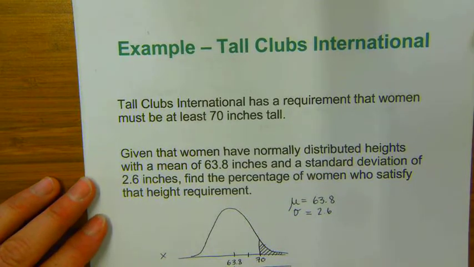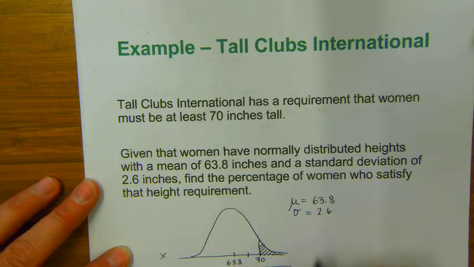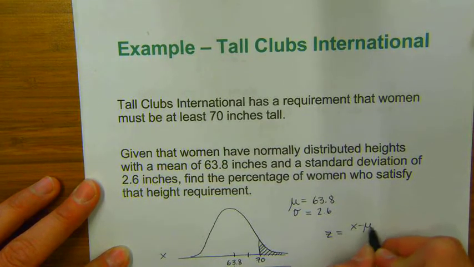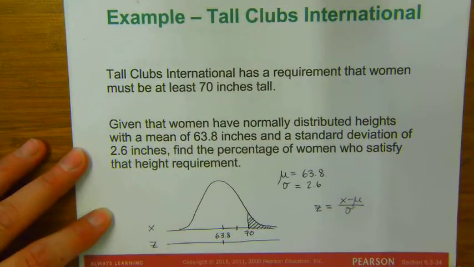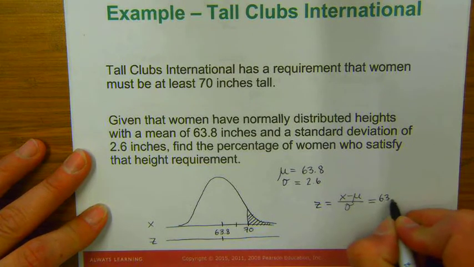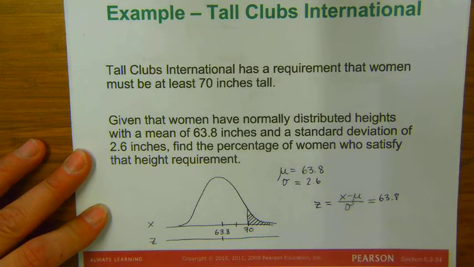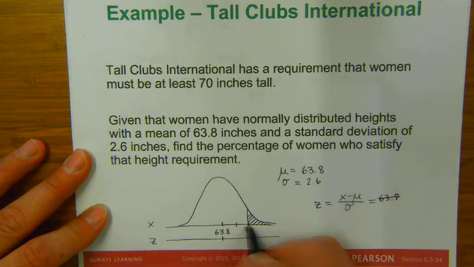So let's convert our value. We're going to use the conversion formula, so z is equal to x minus mu divided by sigma. We're going to plug in our x value. Sorry, x is our 70.